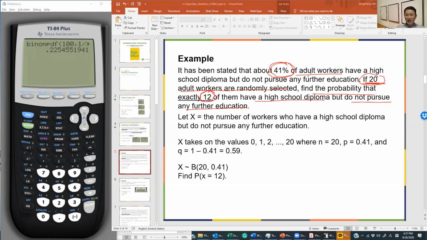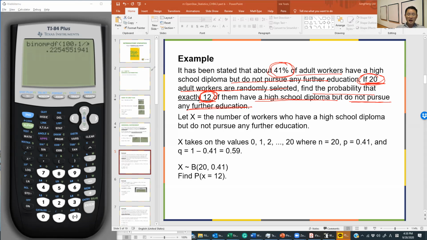Now, if you pick 20 adult workers at random, what's the probability that out of 20, exactly 12 of them have a high school diploma but don't want to study further? Well, out of n trials, you look for x number of successes. That's a typical binomial question.